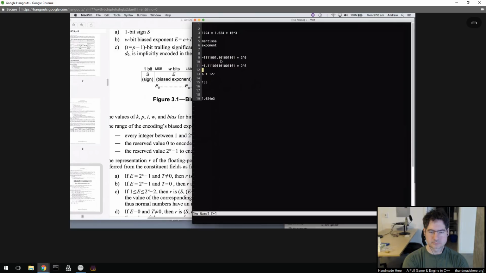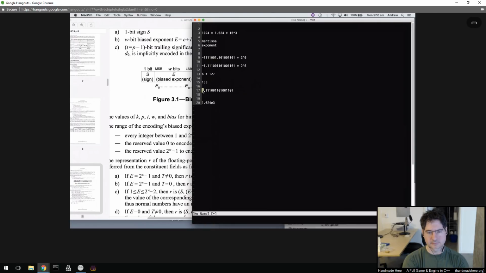The final thing is how we represent the mantissa. In this case, this is the mantissa. One of the interesting things about scientific notation is, for any number other than 0, this leftmost digit is always a 1.